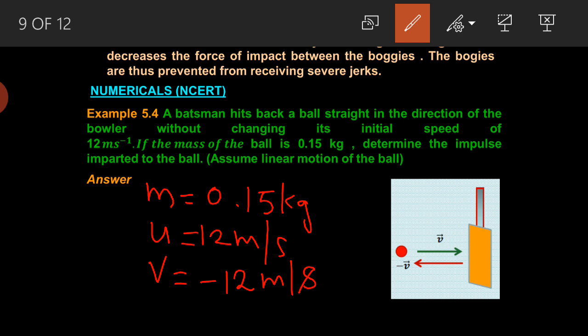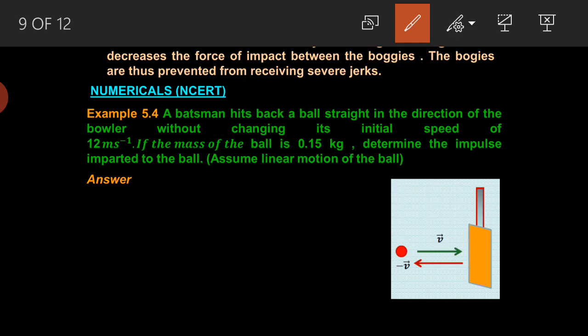Now, as per formula, impulse imparted is equal to change in momentum of the body. So, impulse J is equal to m(v minus u).